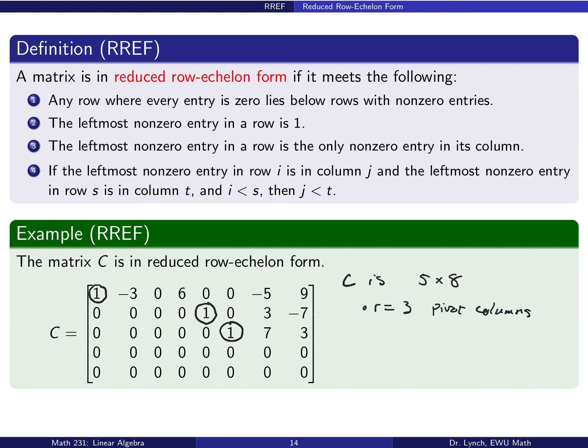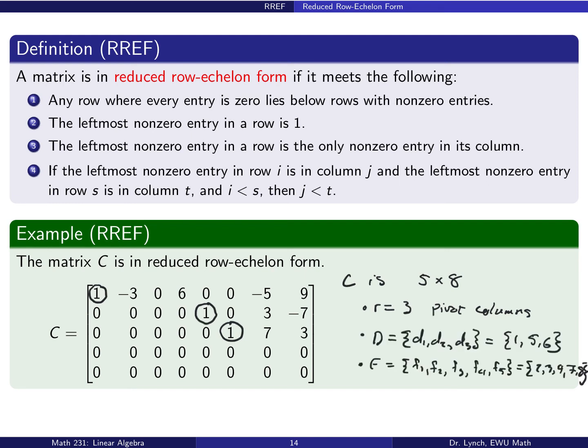So our partition of pivot columns is columns 1, 5, and 6: D1, D2, and D3. Similarly, our non-pivot columns, the set F of the partition, is again 2, 3, 4, 7, and 8.